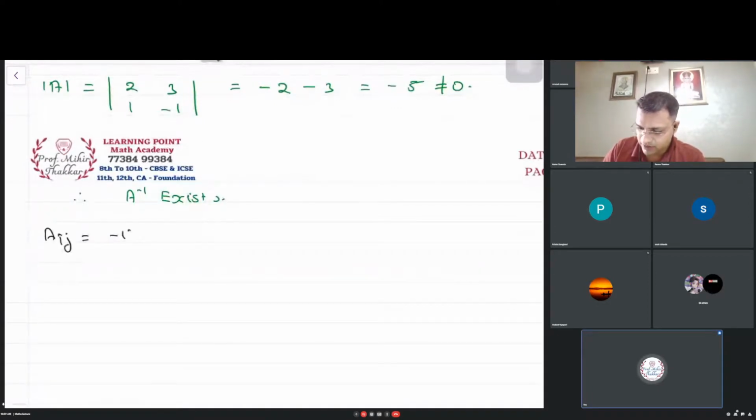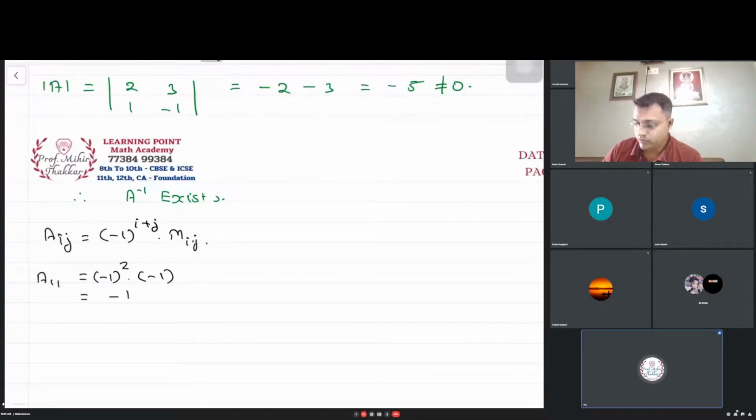Aij = (minus 1) to the power i plus j into Mij. A11 is (minus 1) to the power 2 into minus 1, which is negative 1. A12 is (minus 1) to the power 3 multiplied by M12. First row and second column, if you cover, it will be the same, minus 1 into 1, which is again minus 1.